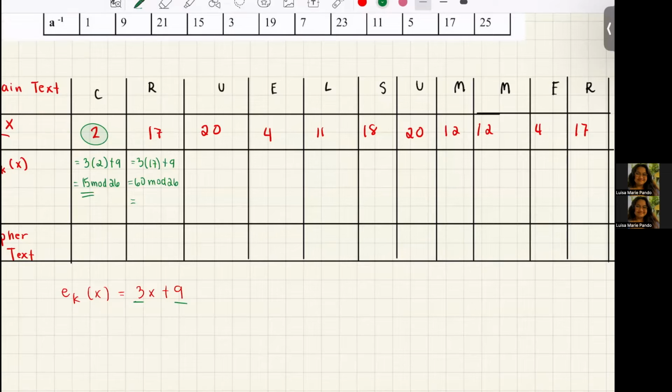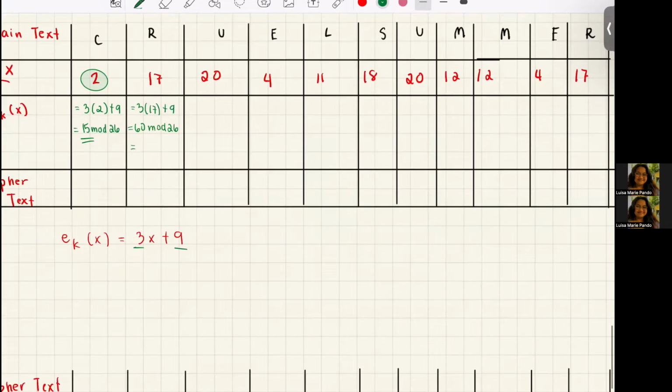So, paano ba yon? Let us divide 60. So, 60 divided by 26 is equals to 2.31, di ba? So, kunin lang natin yung whole number. Tapos yung whole number na yon, i-multiply siya sa 26. So, 26 times 2 is equals to 52. And then this 52 naman yung ibabawas sa 60. So, sulat pala muna natin para we have notes.